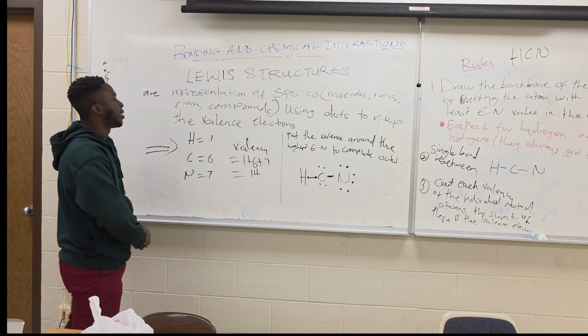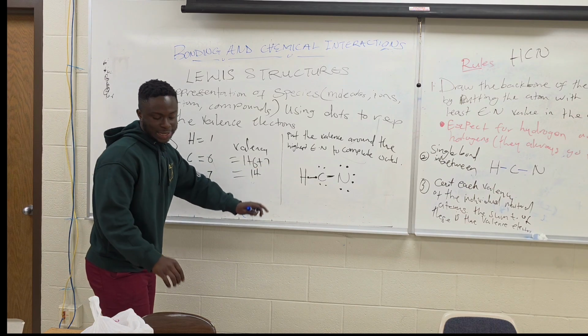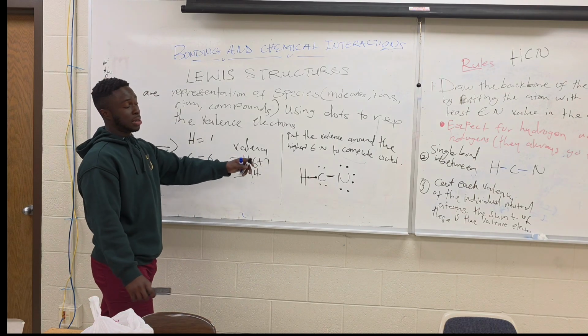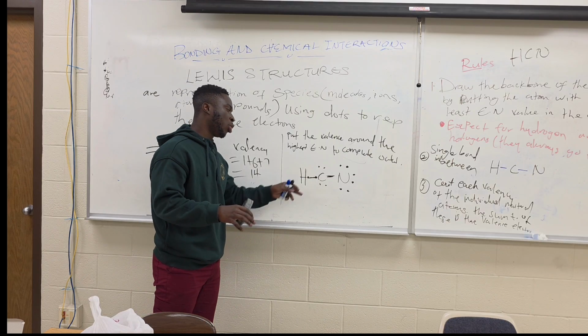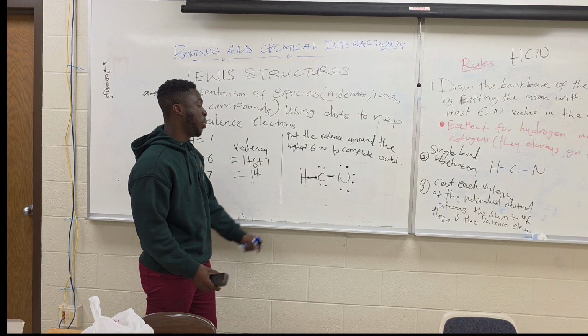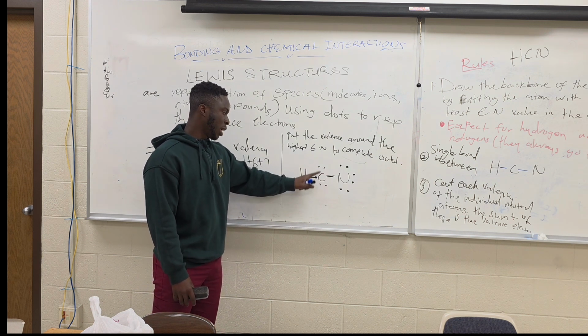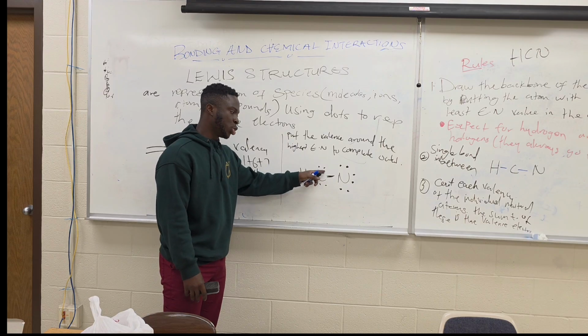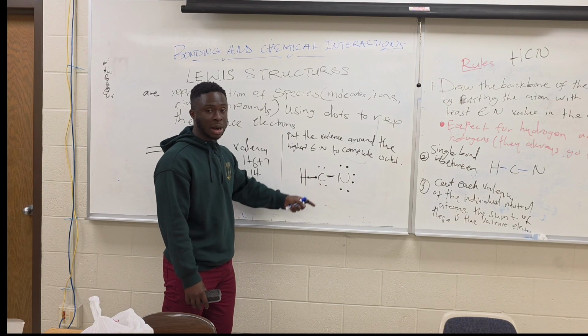But since species like this, a molecule like this, are not energetically favorable, they don't really want lone pairs of electrons. Keep on drawing single bonds between these ones until you exhaust the lone pairs that surround the carbon atom.